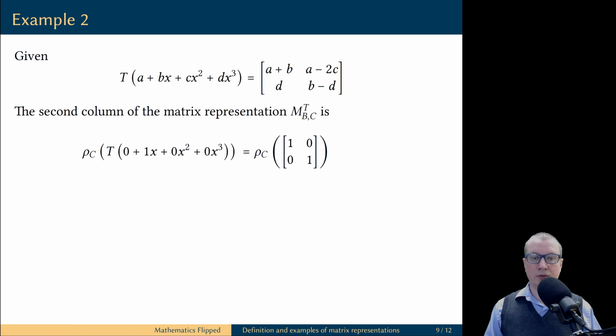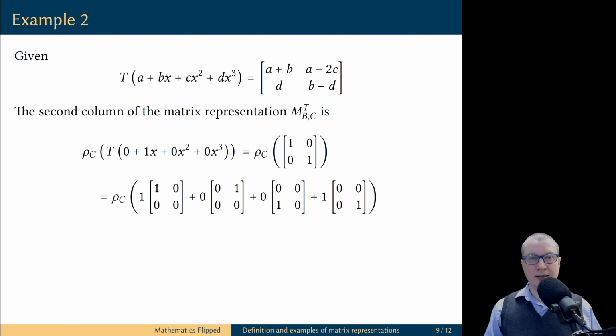We can compute what T does to this polynomial, and then we need to compute the vector representation relative to the basis C. We decompose this matrix into this linear combination, which again is easy to do because we chose a nice basis C, and row C picks up the scalars in this linear combination and writes them as a column vector. This is the second column in our matrix.